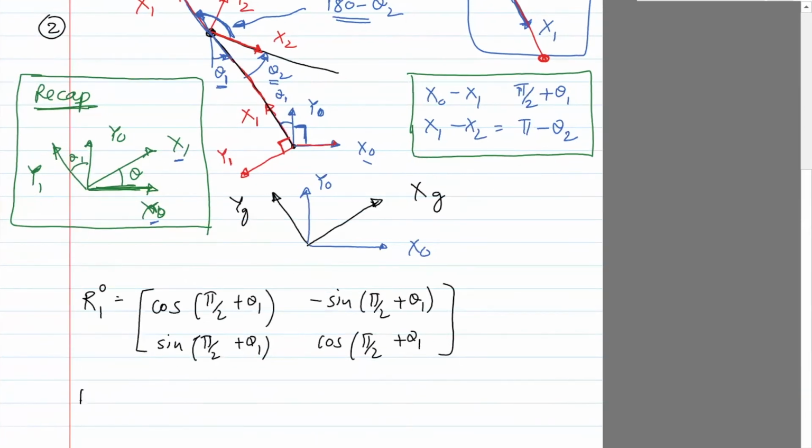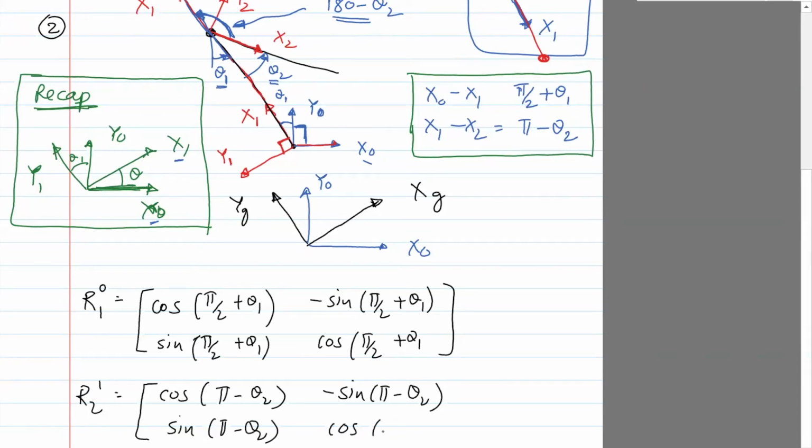And R21 equals, again, the angle between x1 and x2. So cosine pi minus theta 2, minus sine pi minus theta 2, sine pi minus theta 2 and cosine pi minus theta 2.